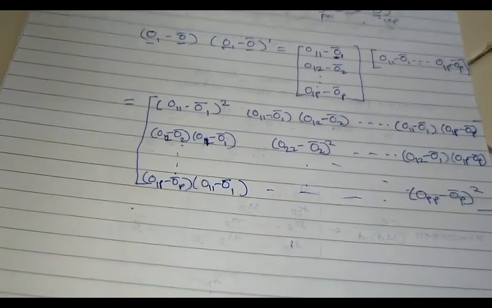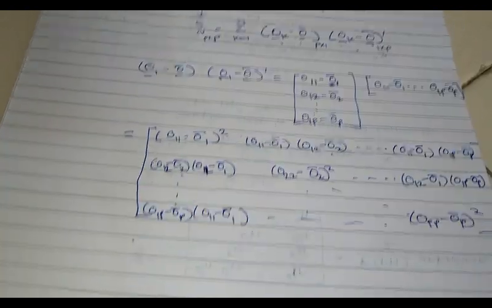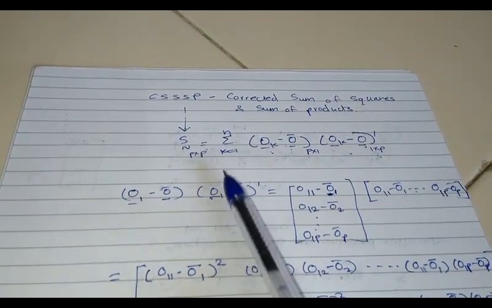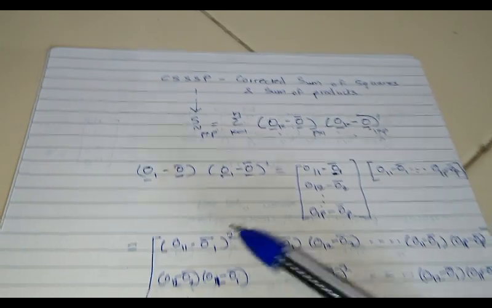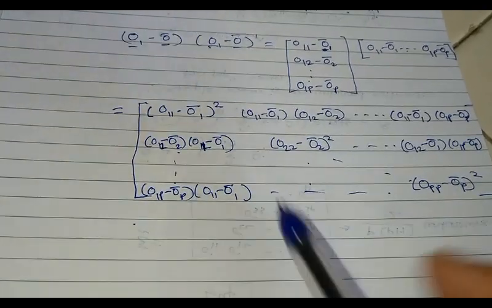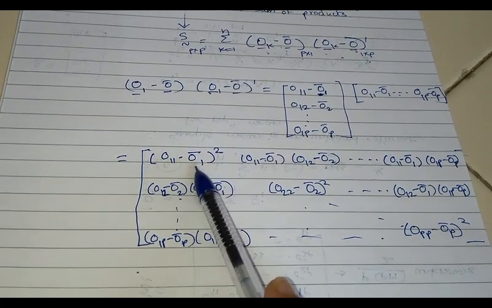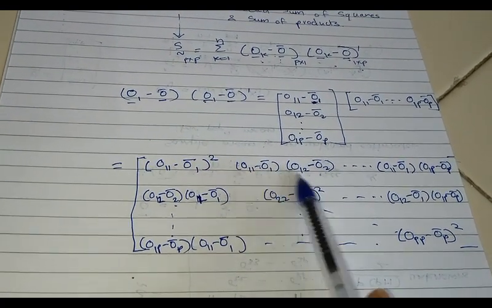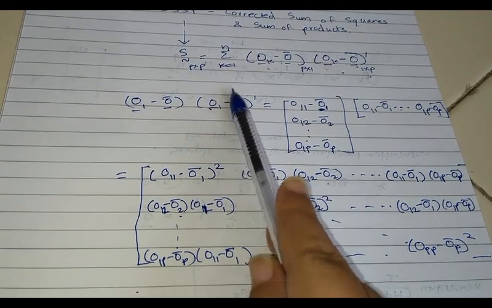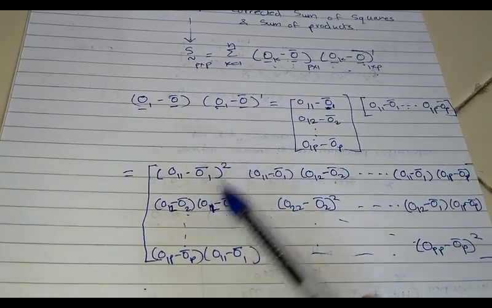So this is how the first matrix in this sum would look. Now you can see here I have squares, I have products. So corrected squares, corrected products, and we are going to take the sum over all such things. This is just the first.